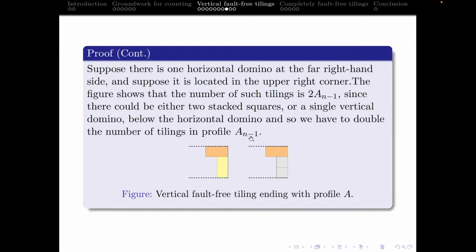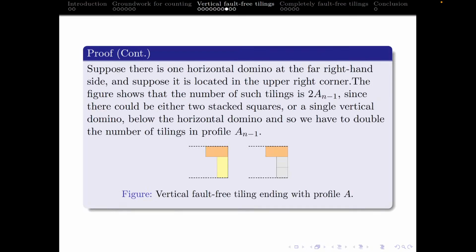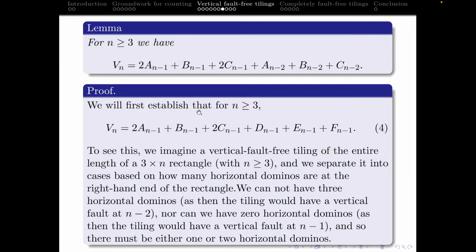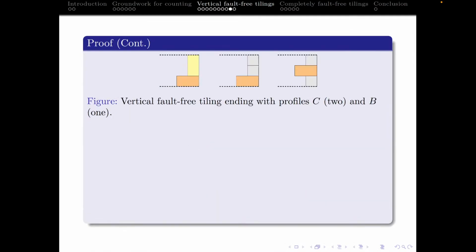For any vertical fault free tiling like this, if it ends with A, then there are two choices. Similarly for C there are two choices, and for B there is exactly one choice, because the squares have to be like that. That explains the 2 in front of A and in front of Cn minus 1, and why all of the others just contribute 1, because they can only be completed by placing squares inside the profiles.